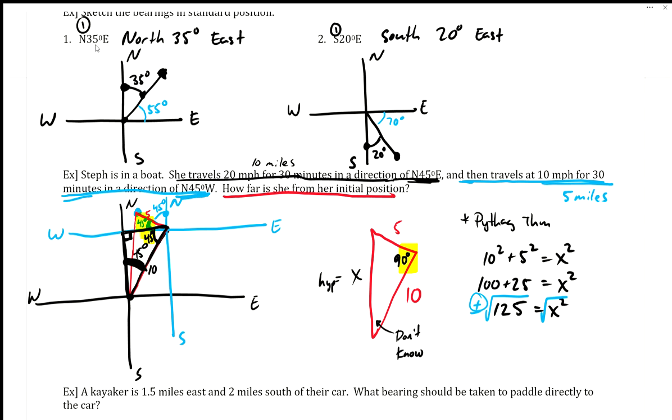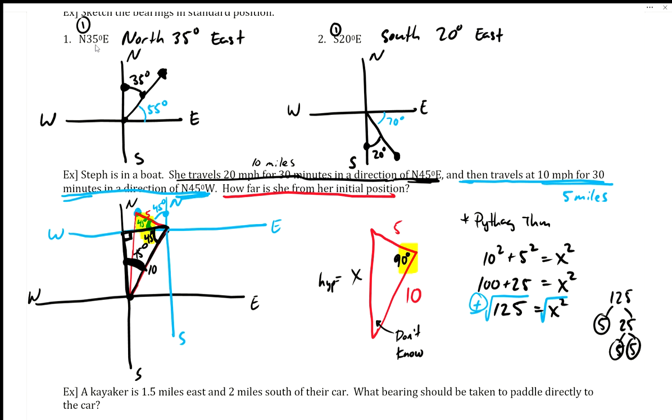Okay, so if it wants a calculator, we could plug that in. I'm going to pretend that we want an exact value. So 125, some scratch work to the side. I know 5 goes in it because it ends in 5. It goes into it 25 times, and then 25 is 5 and 5.